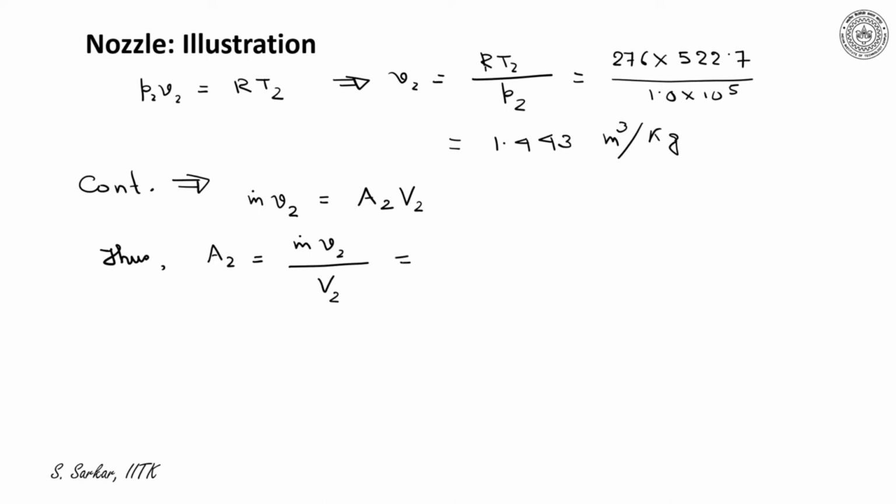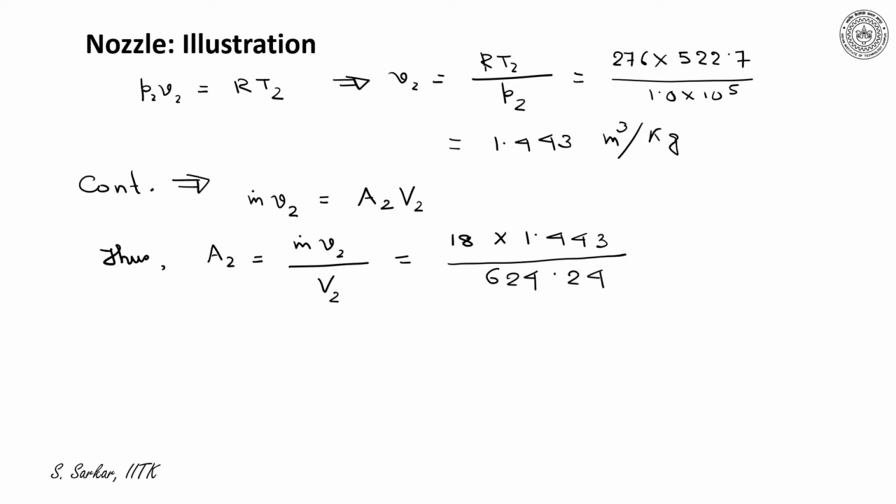M dot is given as 18 kg per second, into small v2, which I have calculated as 1.443. Capital V2 I have calculated as 624.24 meter per second.